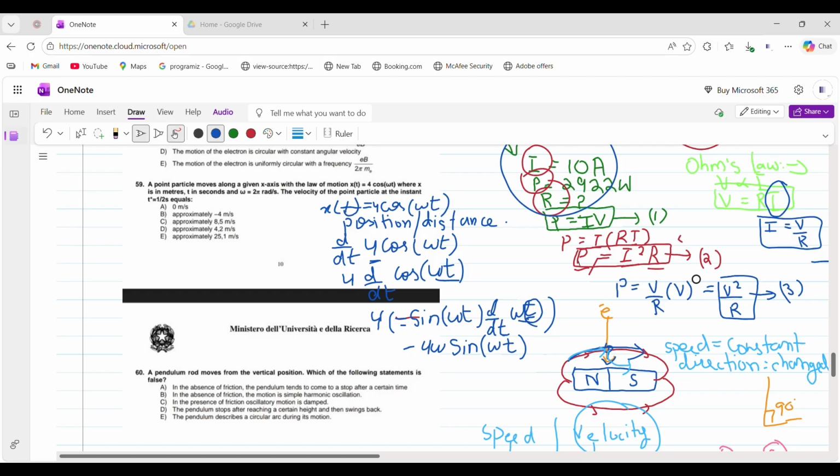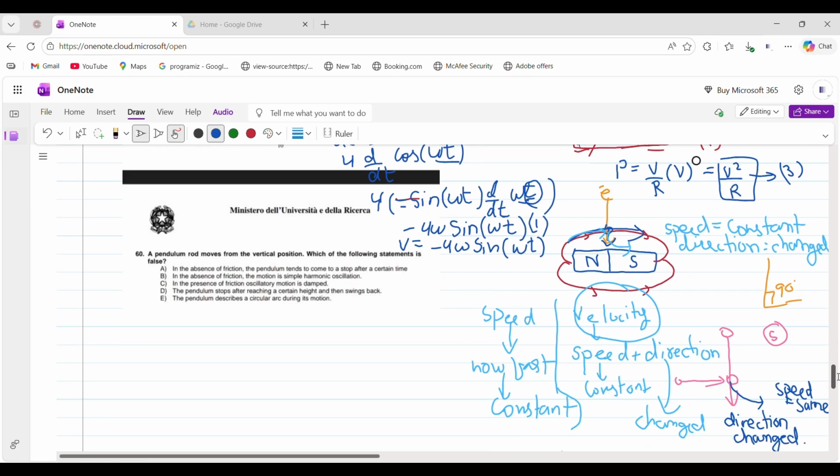So the derivative of t with respect to t, both variables are the same, it's 1. So basically what we have gotten is minus 4 omega sine function omega t. Now you have to do nothing but just substitute your values, because now this is the formula for velocity, right? Derivative, change in position is what we call velocity.